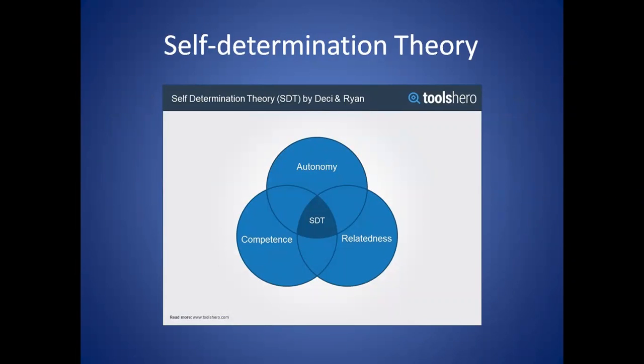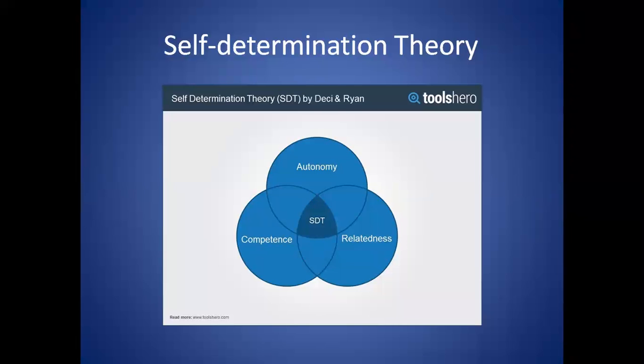And this is some more theory, and I promise to get out of it fast. Self-determination theory involves these three circles. Autonomy, being able to make decisions for oneself. Relatedness: are we or are our students able to relate to others? And competence: do we feel as though we are able to do it?